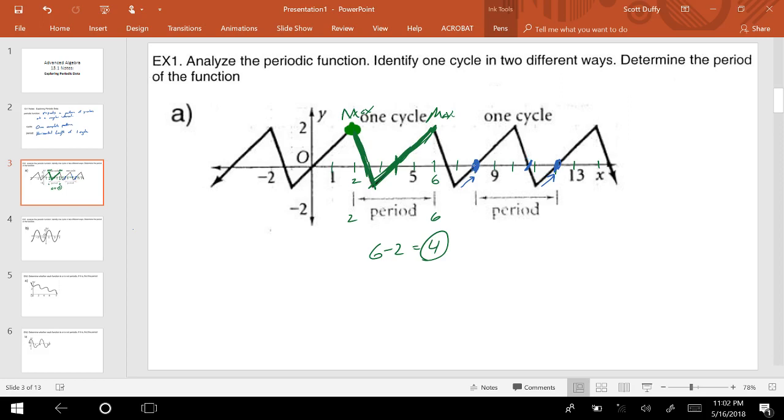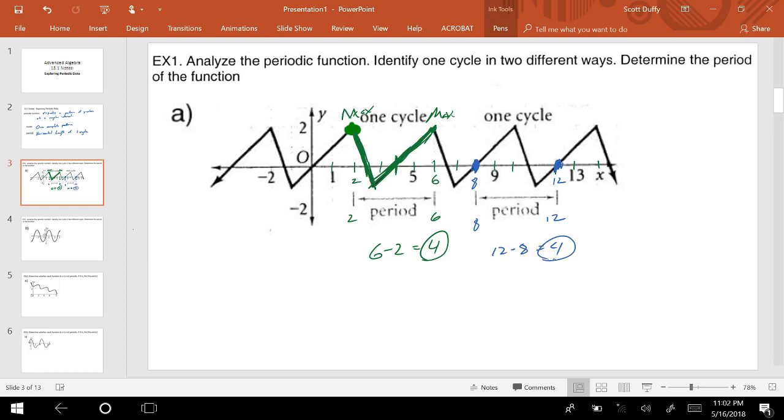Going from this x-intercept to this x-intercept, not worried about that one. The distance would be from 8 to 12. The difference between 8 and 12 is 4.